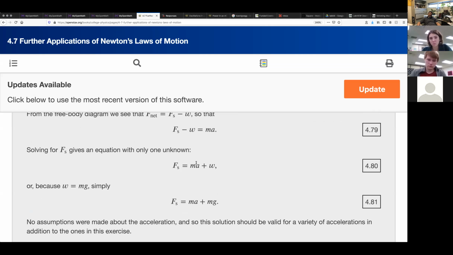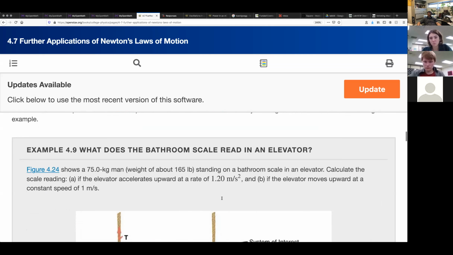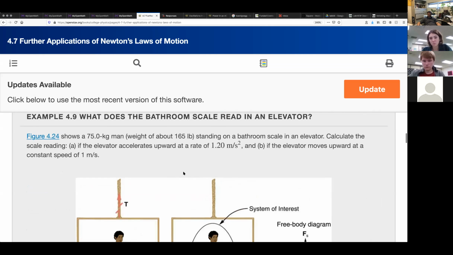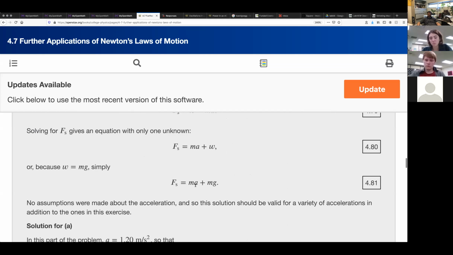So we have mass times acceleration plus weight for that force if we solve this equation up here, solve Newton's equation. Well, our mass is just our mass, but we are accelerating in the elevator because they say in part A, we're going up at 1.5, it said, I think 1.2 meters per second squared upward. So that's a positive 1.2 meters per second squared right there.